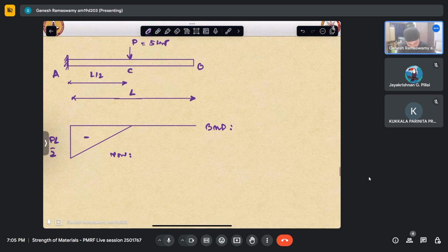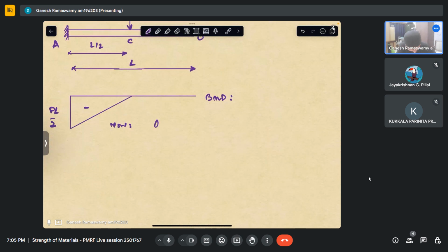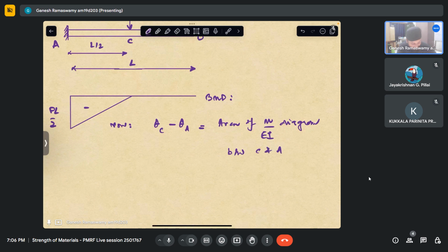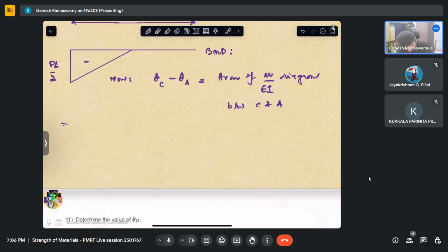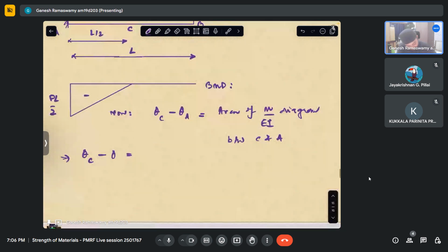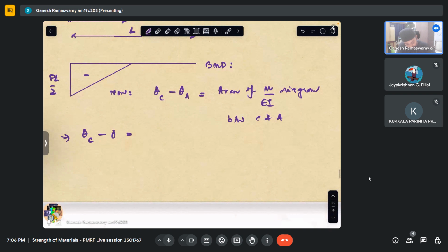So therefore, theta C minus theta A is the area of the M by EI diagram between C and A. So theta C minus 0, because theta A is 0, is nothing but the area of M by EI. So what is the area of this?